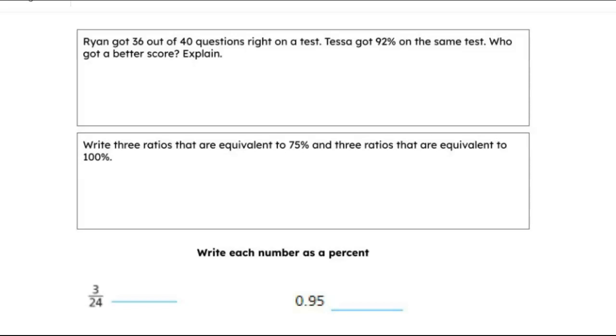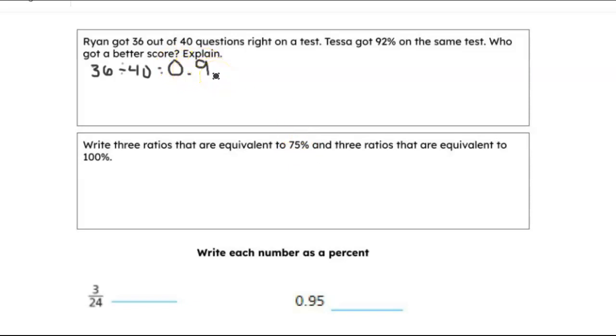Ryan got 36 out of 40 questions right on his test. Tessa got 92% on the same test. Who got a better score? So since Tessa already has a percent, I'm going to change Ryan's into a percent. So 36 out of 40, I'm going to do 36 divided by 40. And in my calculator, that tells me I got a 0.9.